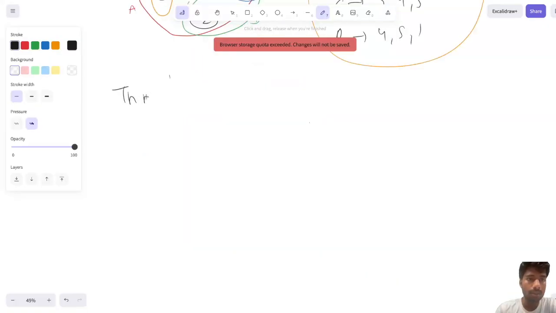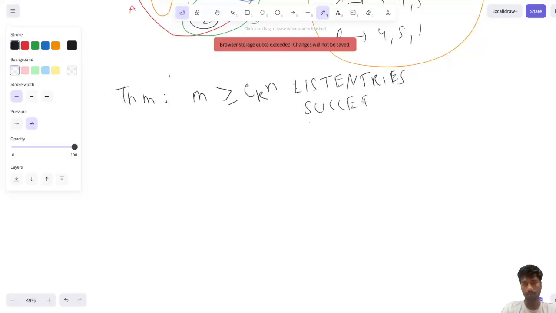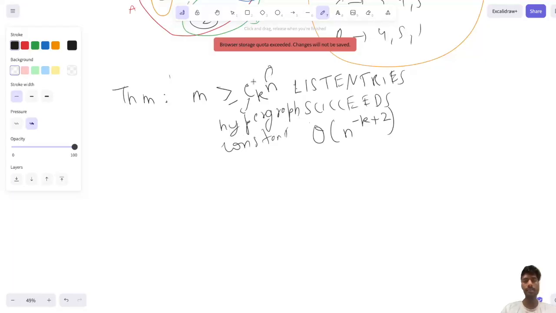The theorem in the paper simply states that if the total number of cells that the table has, that is m, is greater than or equal to c_k times n, that is the number of keys, then list entries succeeds with a probability in the order of n to the power minus k plus 2. c_k is simply a hypergraph constant, and n is the number of keys being held within the table when we are doing list entries.